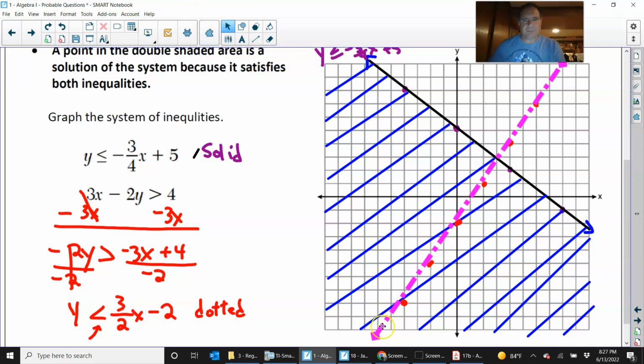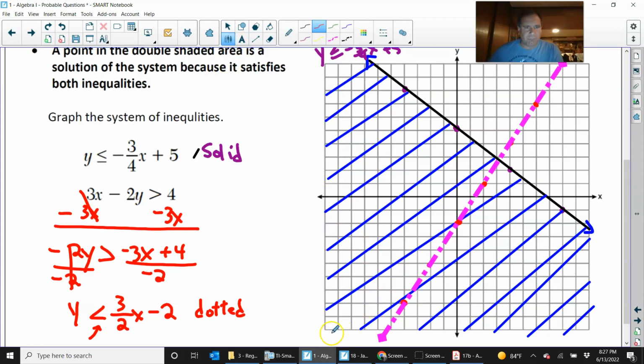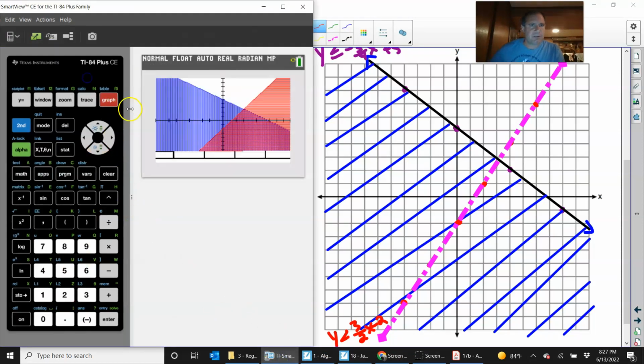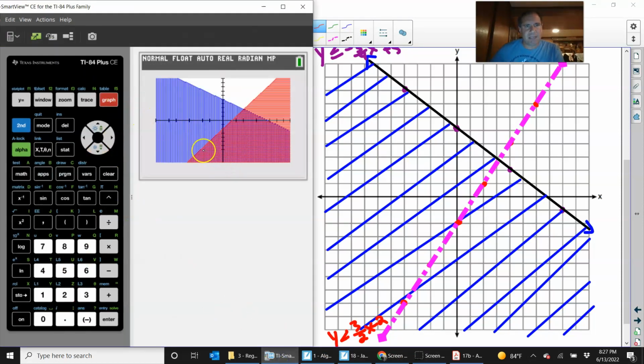All right, so let me move this over just a little bit. And I am going to put y is less than 3 over 2, x minus 2. So just because I want to check, I want to look at the graph, and you see that red? It's below. Then I'm gonna shade.